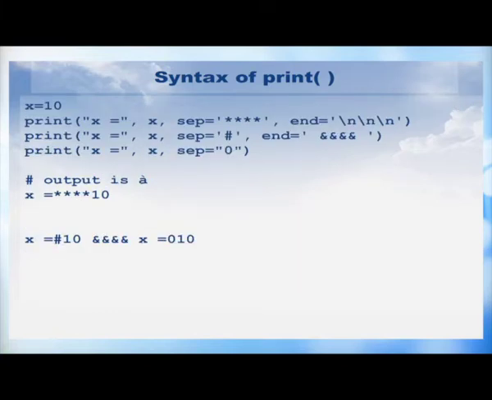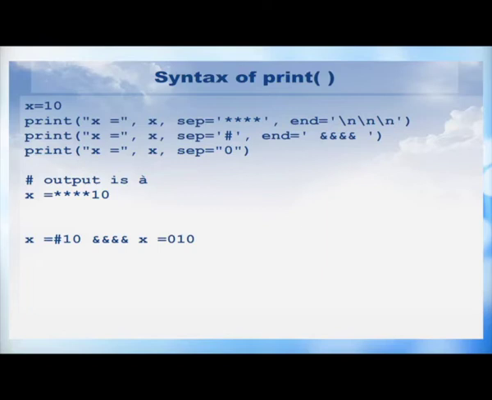Here we see a few more examples of how to work with formatting functions of print. In the first print statement, along with the object and separator, we have also used 3 new line characters, and in the second print statement, we can see a different separator and a different end character, and in the last print statement, we have used only 0 as the separator.